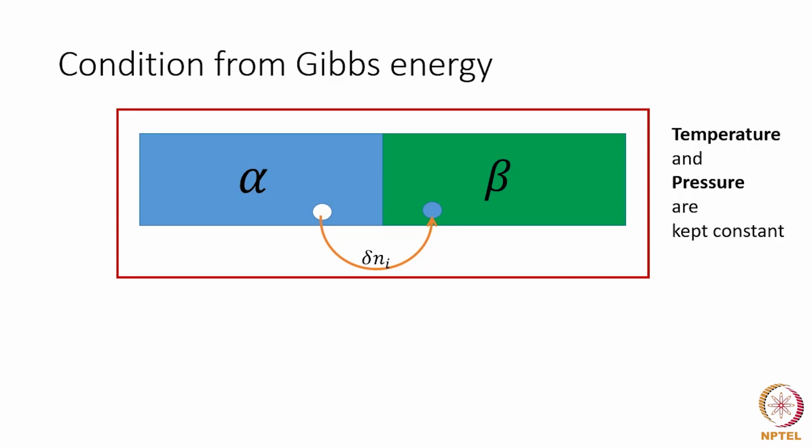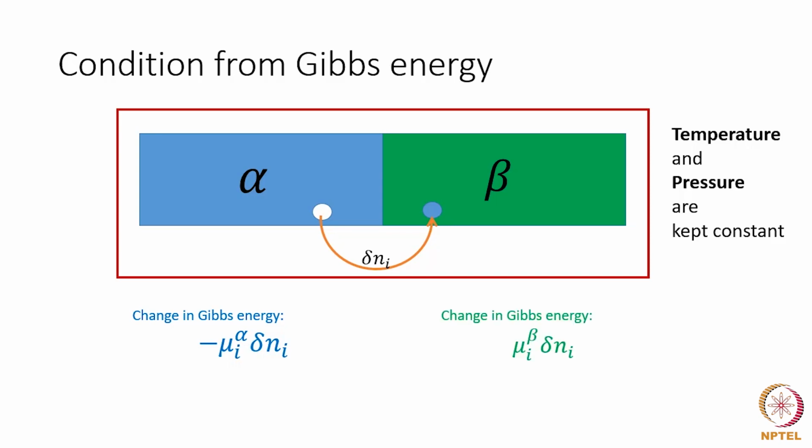And we know from the expression for Gibbs energy that when temperature and pressure are kept constant, the only change is because of the chemical potential term. So the change in the Gibbs energy for the alpha region is mu I alpha into minus delta Ni, which is the number of moles of species I taken out of the alpha region.